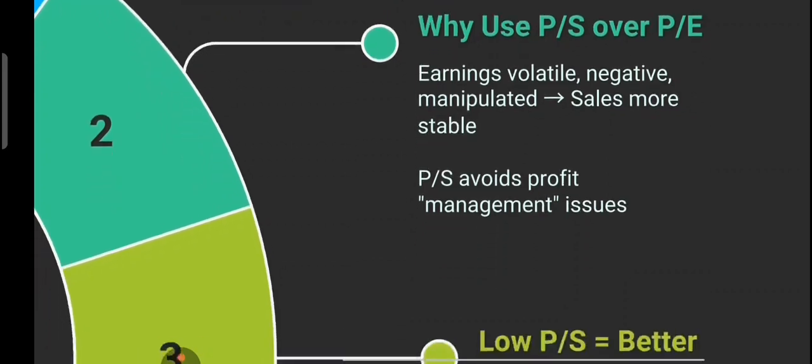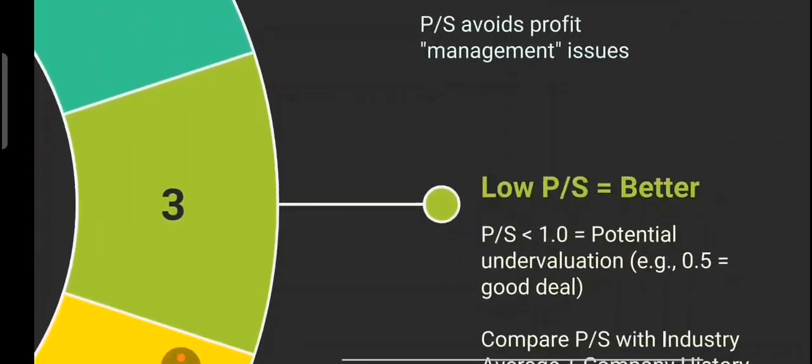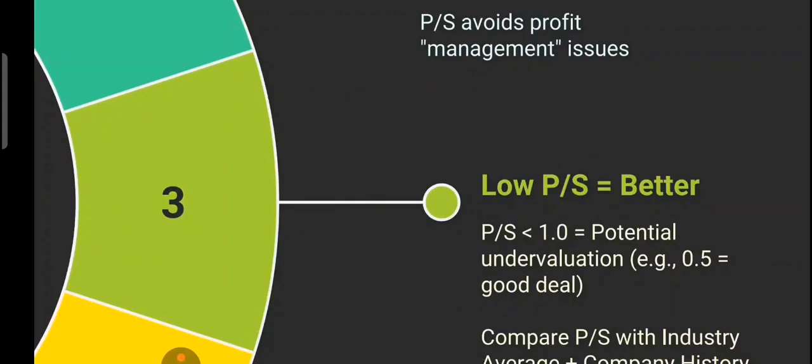And one more thing: a low P/S means better. Why? Because of better opportunity. A P/S ratio of less than 1 often signals potential undervaluation.